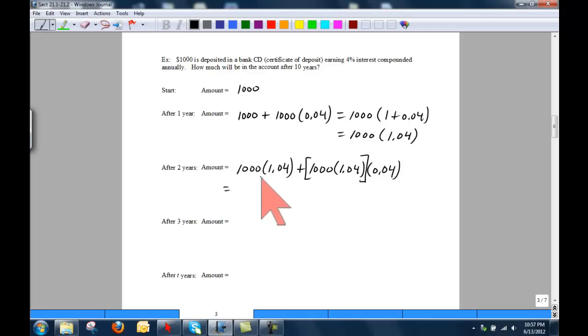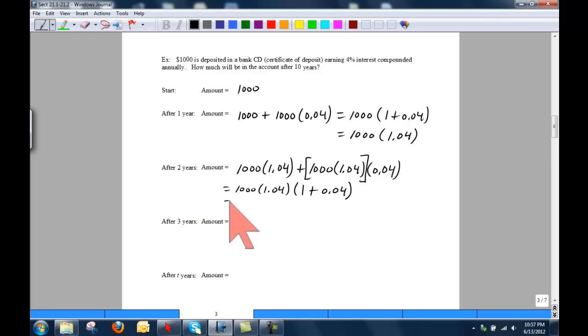I can actually factor a 1,000 and a 1.04 out of both terms. I'll do that. And then left over, out of the first term I've pulled out both of the two factors, so that just leaves a 1. Then here's the plus sign, and now I've pulled out both factors from the second term, and that leaves the 0.04, this factor that was at the very end.